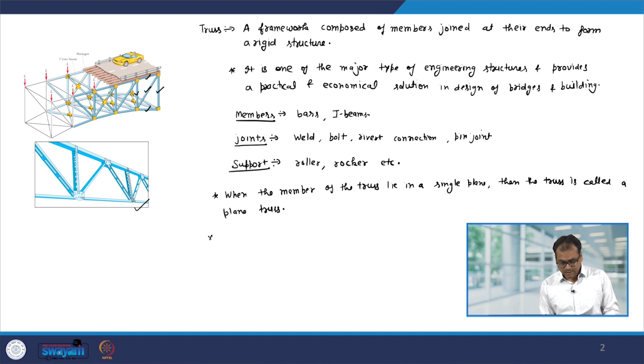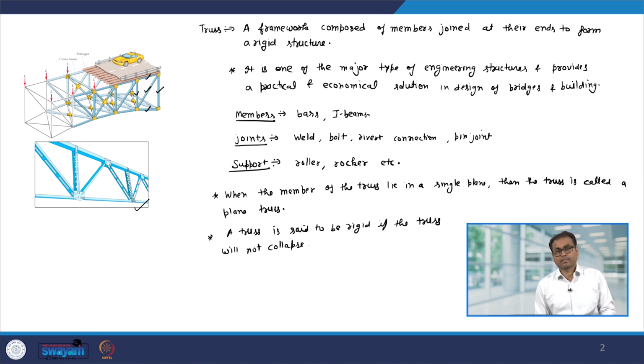And as I already said, what is a rigid truss? A truss is said to be rigid if the truss will not collapse. Okay. Now, let us look at some examples.